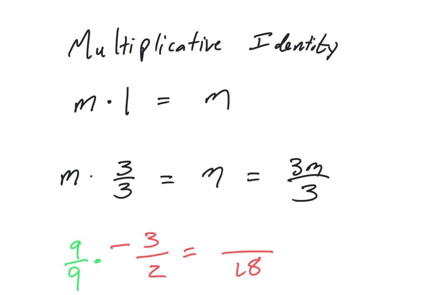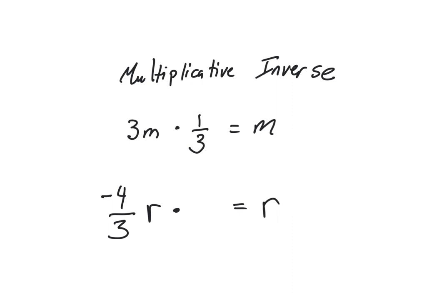And when I do that, 9 times negative 3, I get negative 27 18ths. So maybe I need that to get common denominators, something along those lines. So the multiplicative identity is actually something we use quite often when solving problems and working through, and specifically when doing fractions.